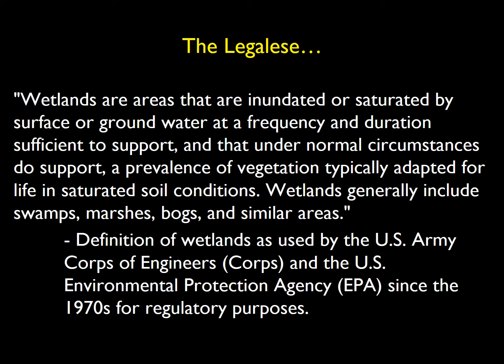Well, we might be working in an area that's been drained and had soil brought in and changed. So the first thing we'll have to do is get back to normal circumstances, reconnect the hydrology, and then see what kind of vegetation shows up. So it can take a while using this definition to actually say that something is a wetland.